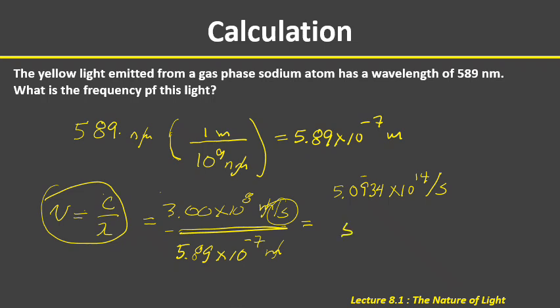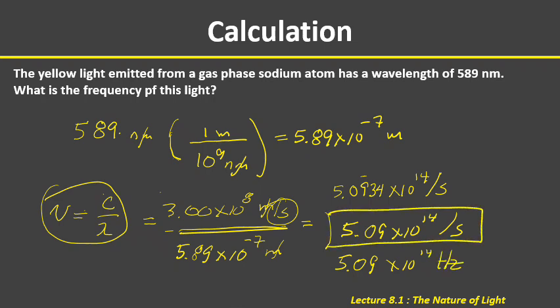So you could write this as 5.09 times 10 to the 14 per second, or if you wanted, 5.09 times 10 to the 14 hertz. Either of those would be fine. I'm going to stick with seconds. All right, great. Let's go on to the next one.